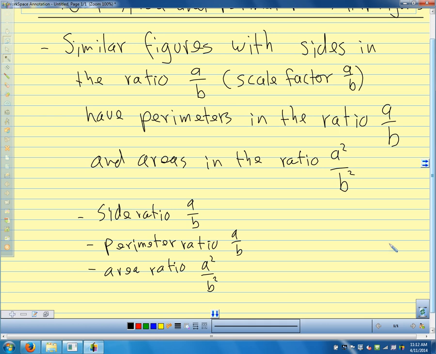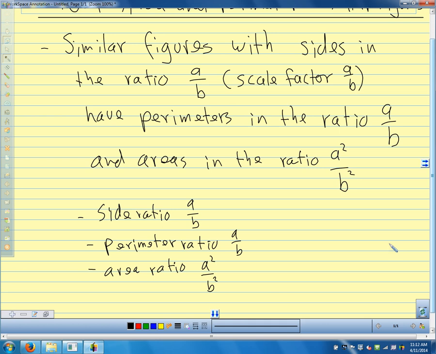So on your graphic organizer, you have a little circle at the 9 o'clock position, and it says perimeters, add all the side lengths. What I would do is draw a little line out from that circle and write side ratio A over B. Then inside the circle, you have a little box for perimeter ratio.